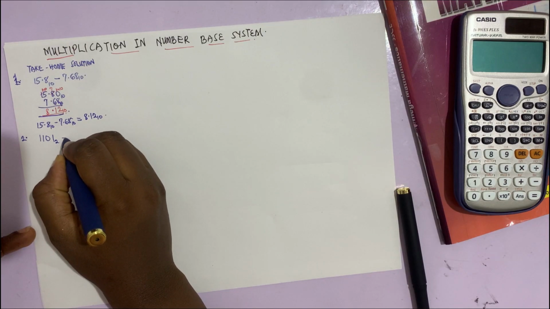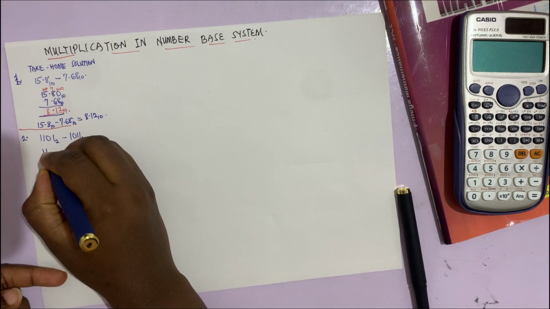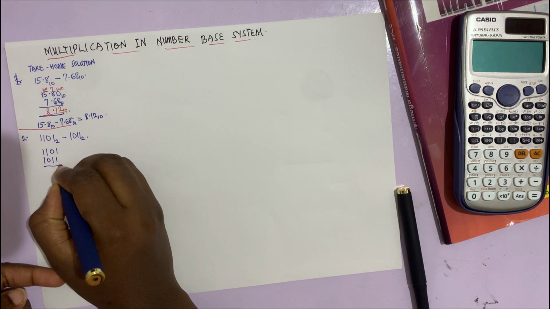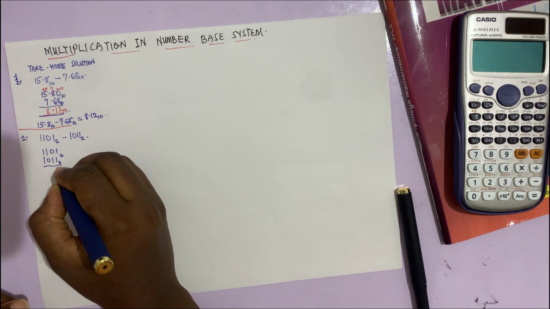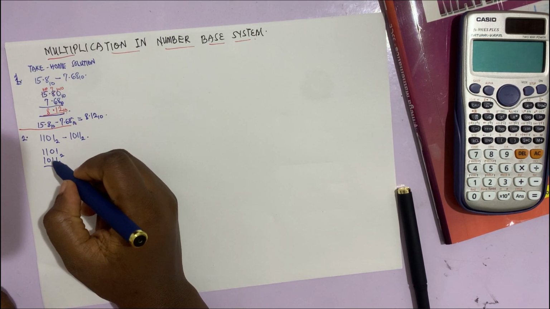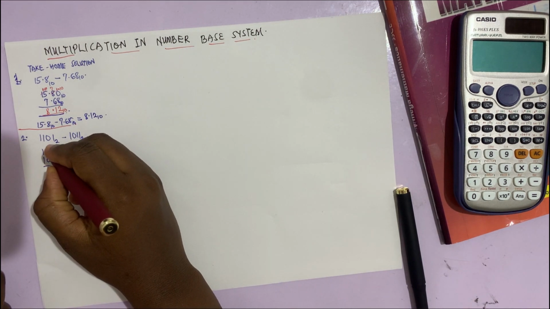1101 base 2 minus 1011 base 2. 1101 minus 1011 in base 2. 1 minus 1 will give us 0. 0 minus 1 would not go, so we come here, we borrow 1, but in essence we are borrowing the base, which is 2.